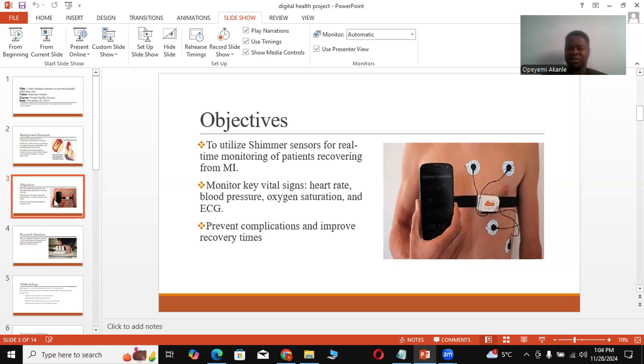So, for example, if there is any issue with the heart rate, of course, these sensors will pick it up on time. Then the clinician can actually see what is going on with this patient, and prompt monitoring and evaluation can be made on time to prevent further deterioration or complication that might arise later on.